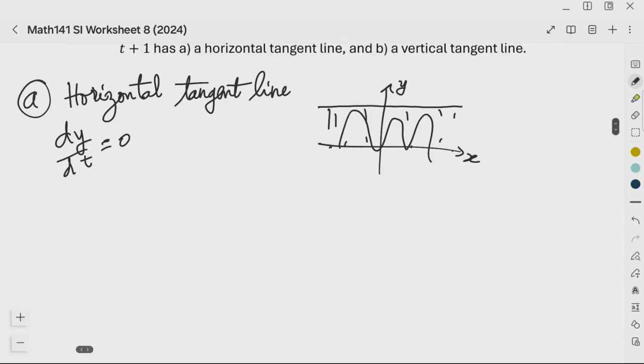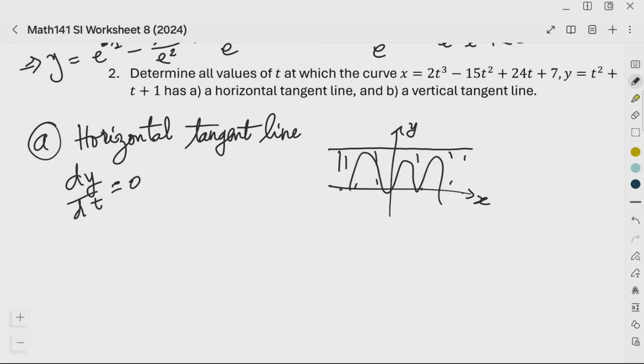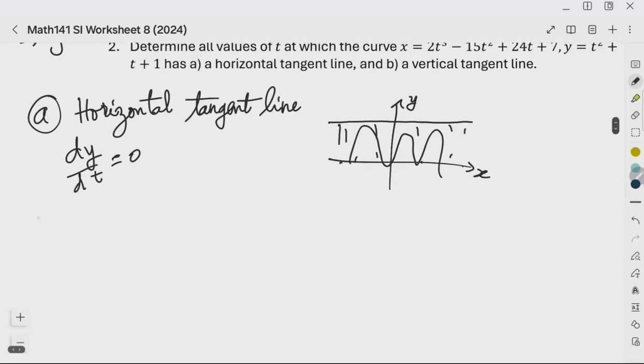That's for the case where you have a horizontal tangent line. In other words, to find all the points that would make that curve have a horizontal tangent line, you would have to find all the points that make dy/dt equal to 0. What is dy/dt? The derivative in terms of t of t squared plus t plus 1 has to be equal to 0.